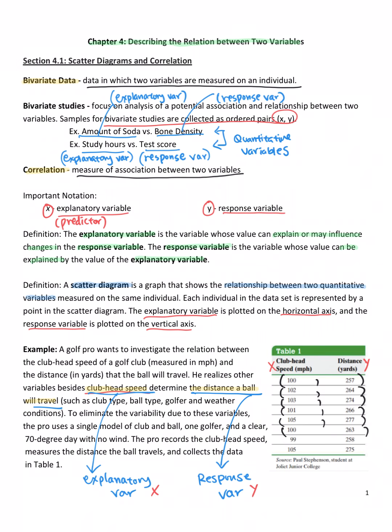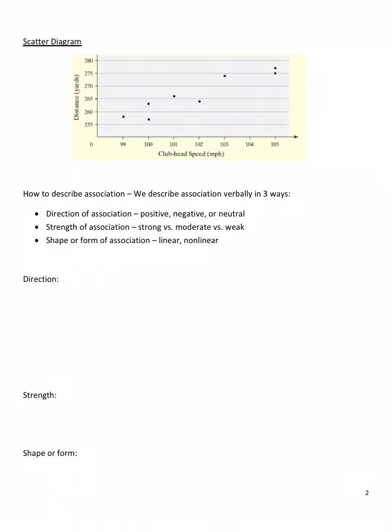So we have 1, 2, 3, 4, 5, 6, 7, 8 ordered pairs. If we plot these ordered pairs in a rectangular coordinate system, we get a scatter diagram on the next page. So take a look at this scatter diagram. The ordered pair 100, 257 is here.